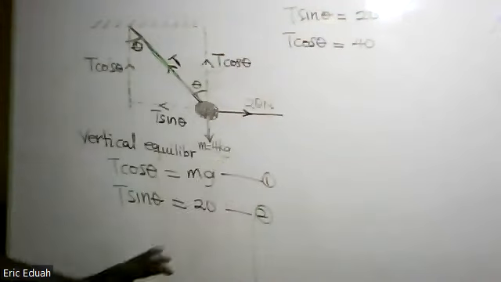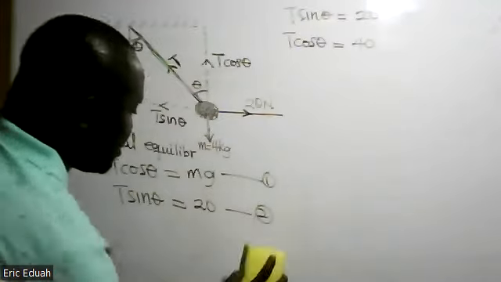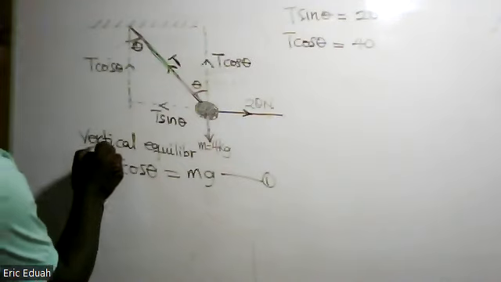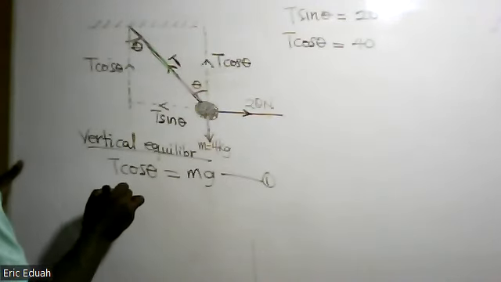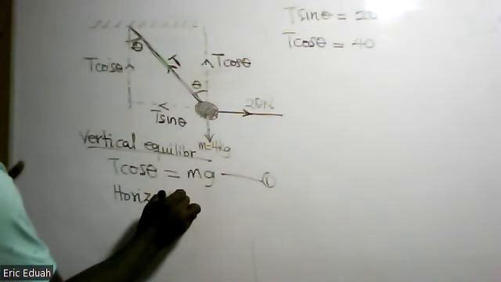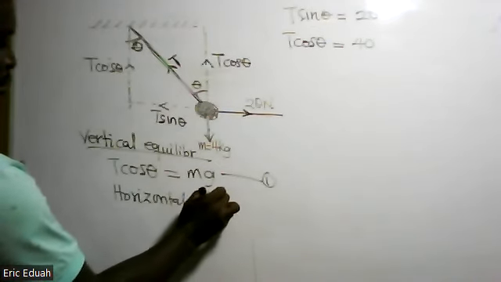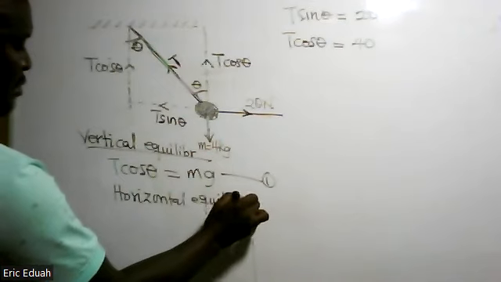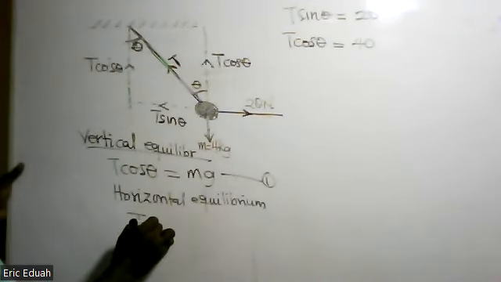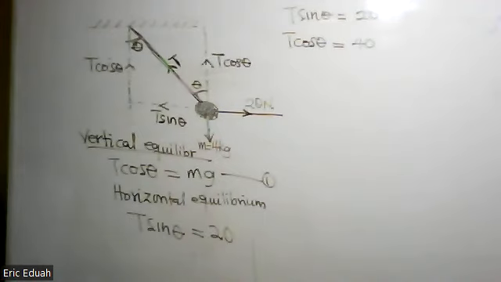Are we okay? Look at it, and then if you have any concern, let me know. So let me modify something. T cos theta is equal to mg is the vertical equilibrium. Then horizontal equilibrium, we have T sine theta equal to 20.